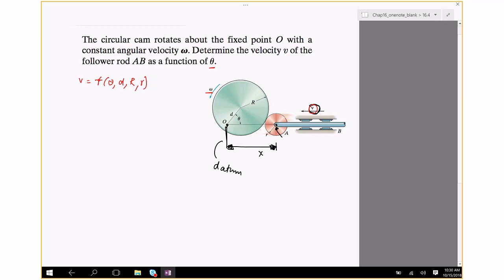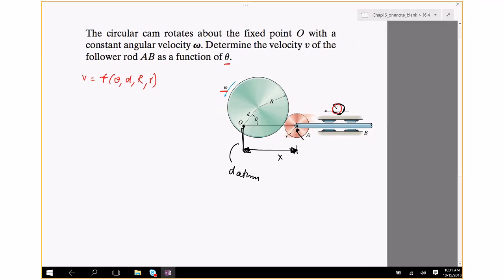So it boils down to finding an expression for x. Okay, so I'm going to join this and see if I can somehow find the side of the triangle in terms of things I know, that is theta, d, small r, and capital R. Can I find x in terms of these?